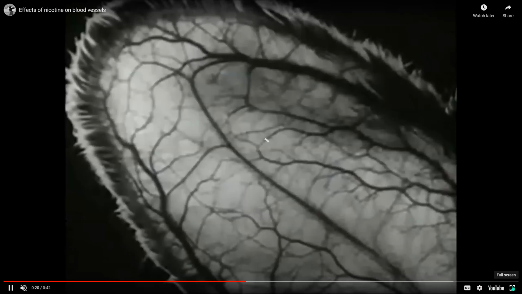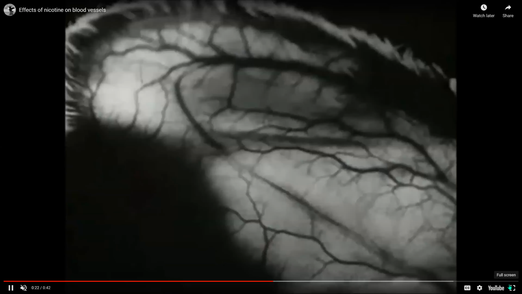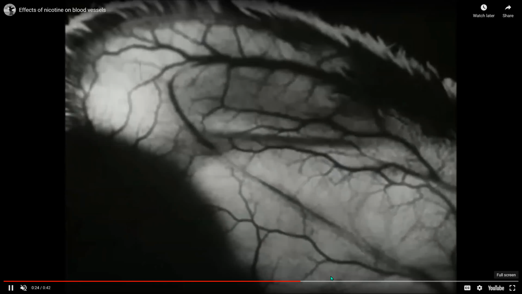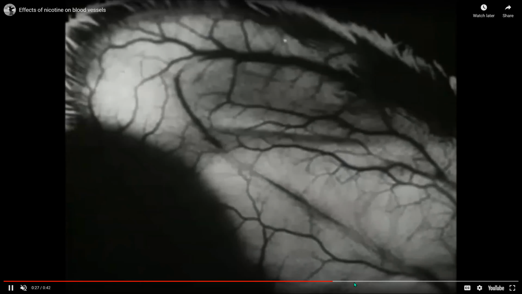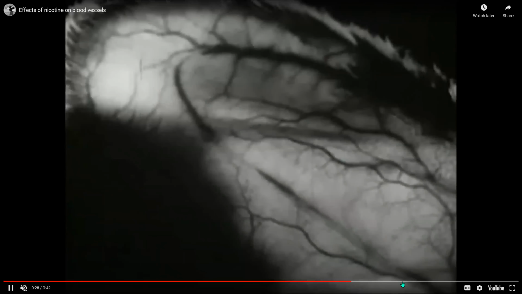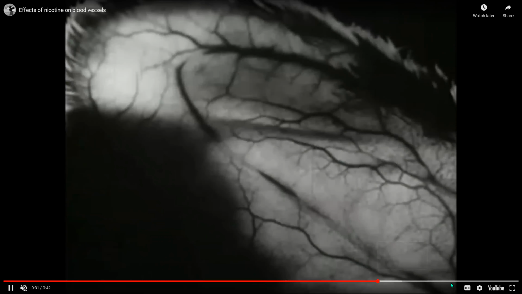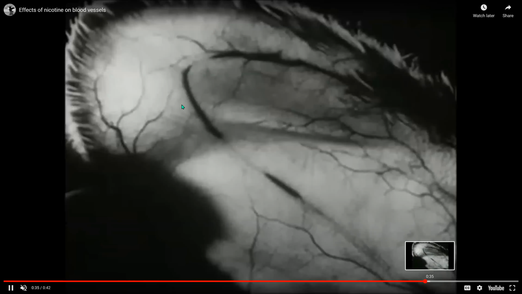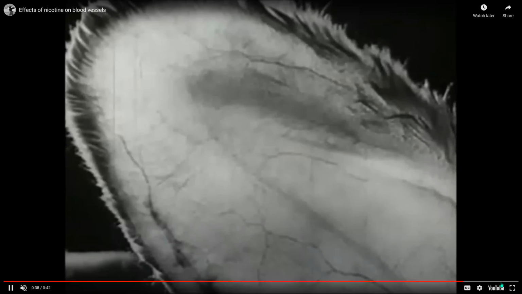And we'll kind of skip ahead because it's not looking great. But this is what the effects of nicotine are on blood vessels. And yes, this is a rabbit's ear, but the same thing happens in the placenta. And so when we talk about the risk of smoking, it's pretty significant because you can see how they kind of just disappear. And that's what happens.